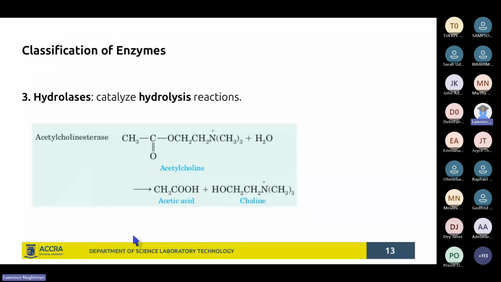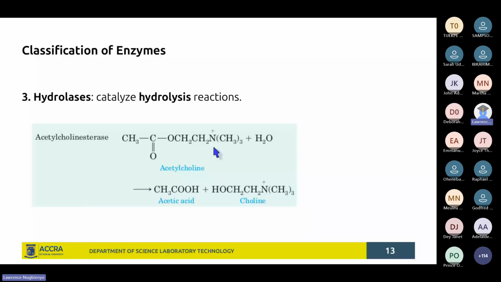We have a third class of enzymes being referred to as hydrolases. These catalyze the process of hydrolysis, hydrolytic reactions, which is a breakdown of a molecule in the presence of water. And we see an example here, acetylcholine esterase, which is breaking down acetylcholine.